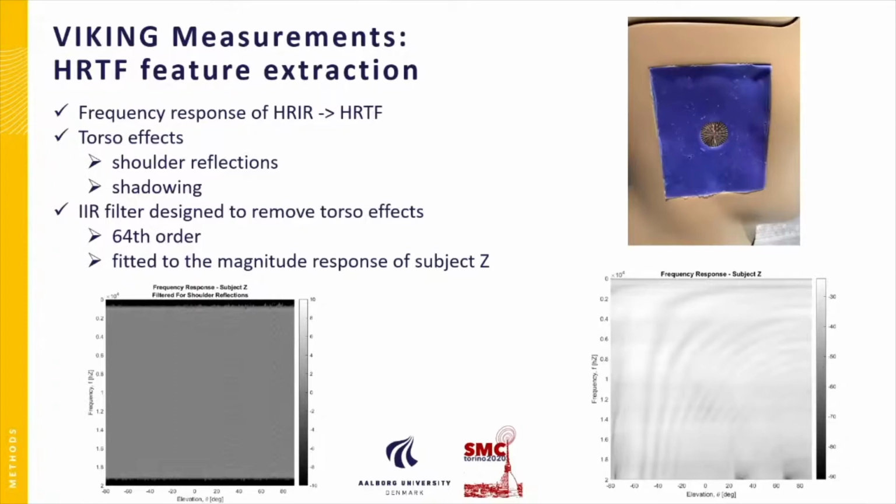Furthermore, we designed a filter to remove these effects. So we basically fitted this filter to the magnitude response of this subject. When applying this filter to subject Z, you can see in the figure to the bottom left a pretty flat response. This filter was then applied to all the other subjects as well.